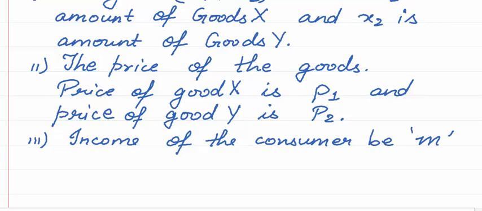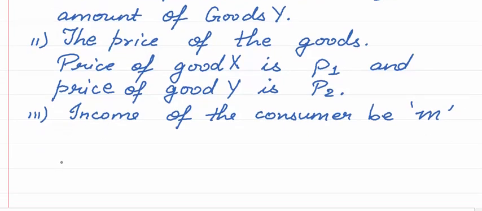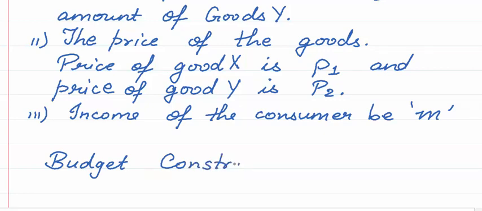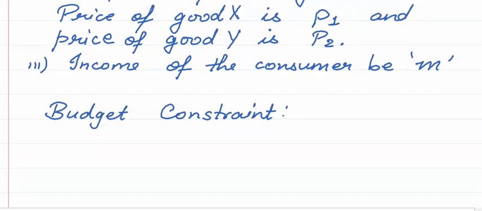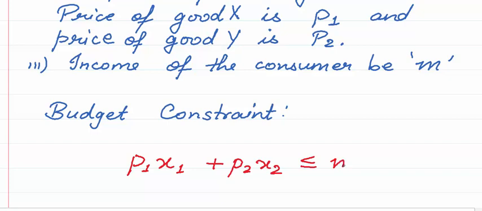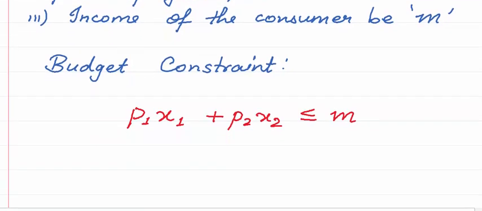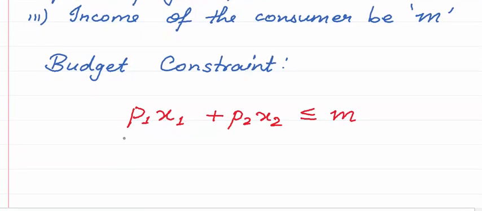Now, the budget constraint of the consumer can be represented as P1x1 plus P2x2 is less than or equal to M. Now, what does this budget constraint mean?